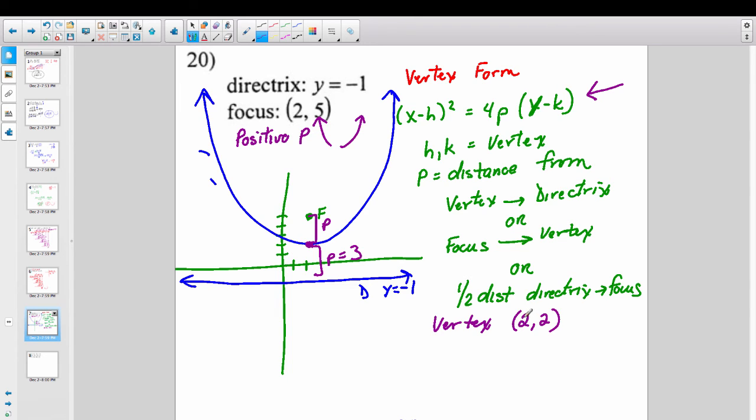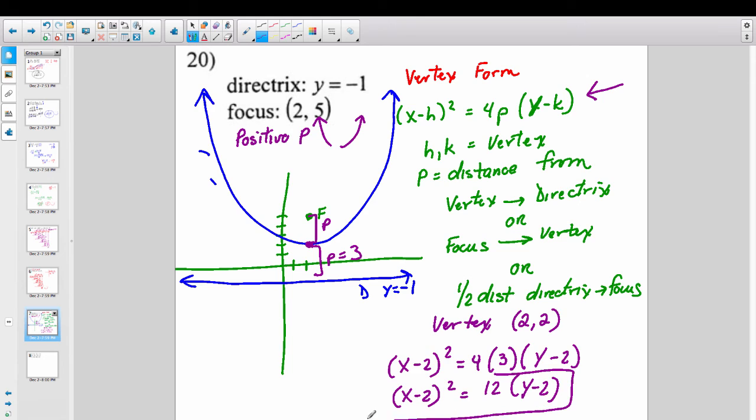So I go from 2 to -2 equals 4 times P times y minus k. So y minus 2. Little bit of cleaning up. X minus 2 squared equals 12 times y minus 2. That's it. You're done.